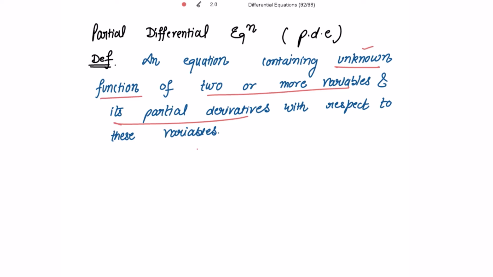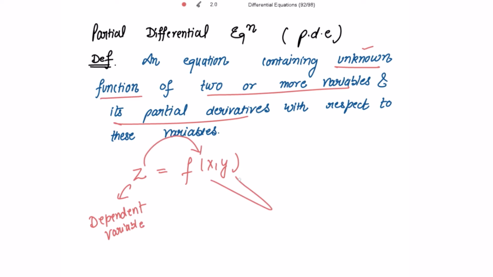The unknown function, that is, if I take z to be, we always take dependent variable as z. So this z is depending upon two independent variables, let's say x and y. So this is the dependent variable and it is depending upon two independent variables. So the equation containing this unknown function and its partial derivatives with respect to these independent variables.